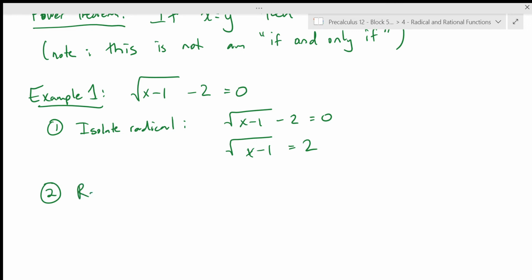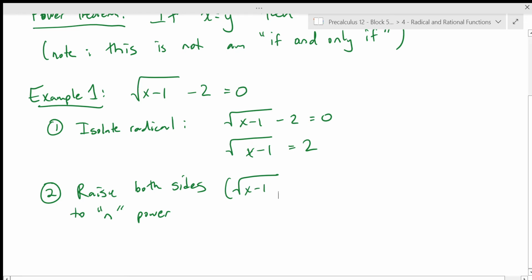Now step 2, we raise both sides to the n power. And the power law allows us to do this. So we can say, because radical x minus 1 is 2, radical x minus 1 squared equals 2 squared. I'm putting the 2 in brackets. No matter what's on either side of the equation, I would have to put the whole thing into brackets.